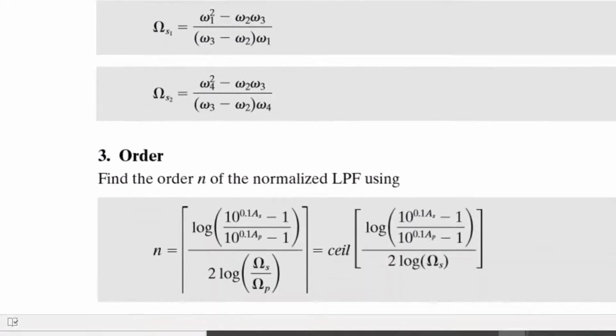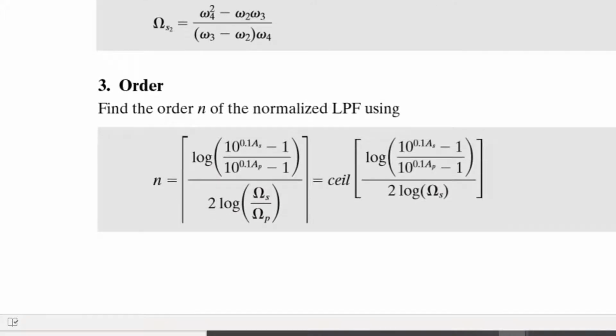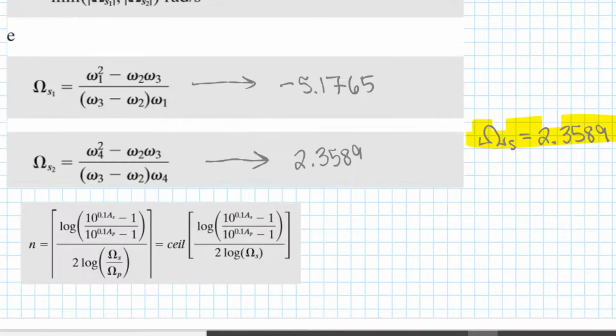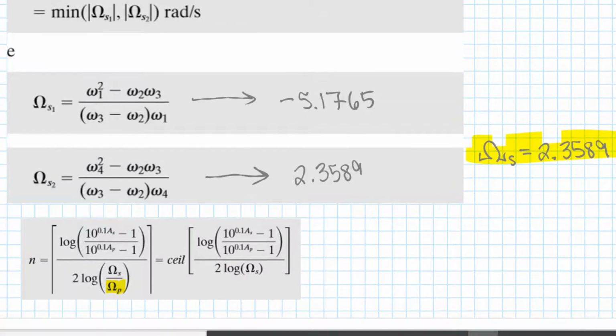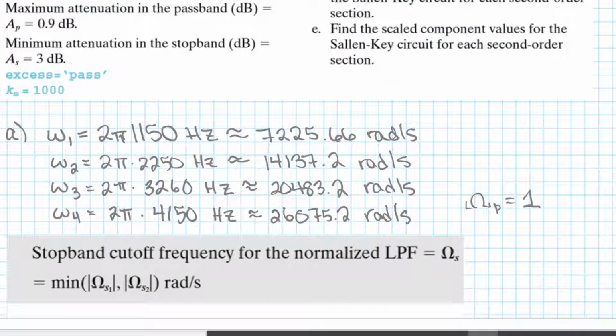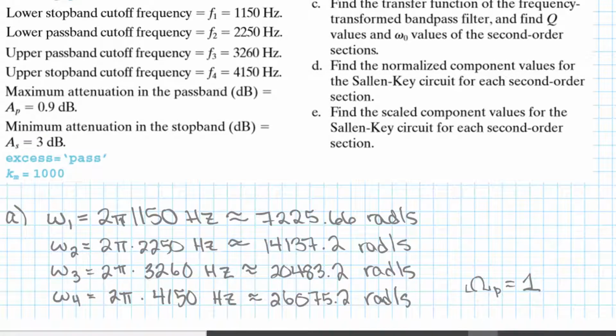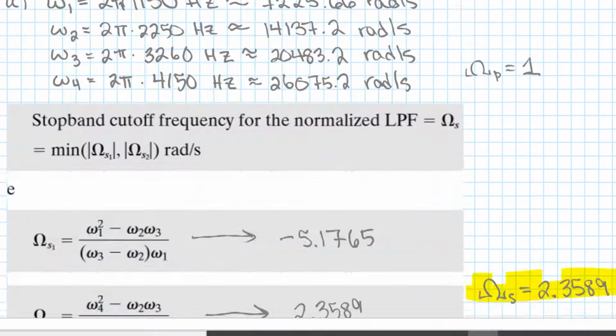And then the order. So I think this is the same formula we used before. It is. This second one is. And since omega P was just 1, that's why the denominator is just the 2 log omega S. So again, the A sub S and A sub P are given in the problem. So A sub S is 3, A sub P is 0.9.